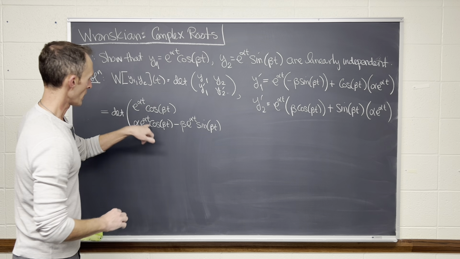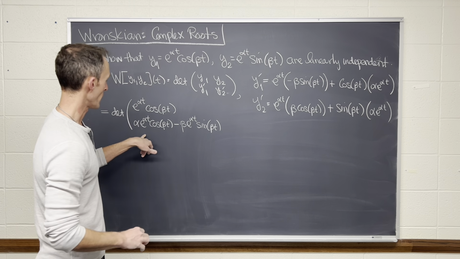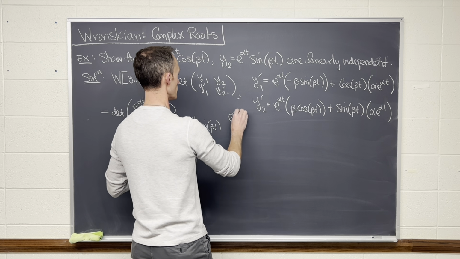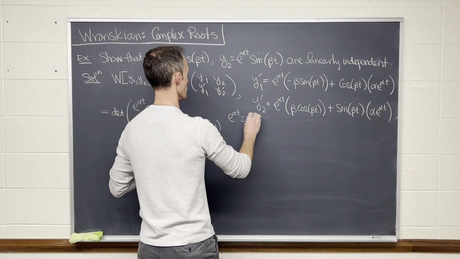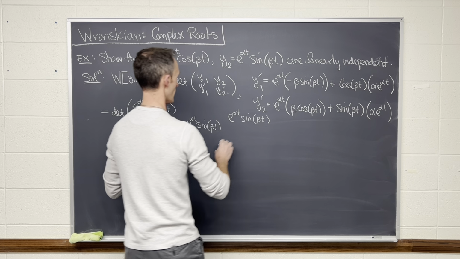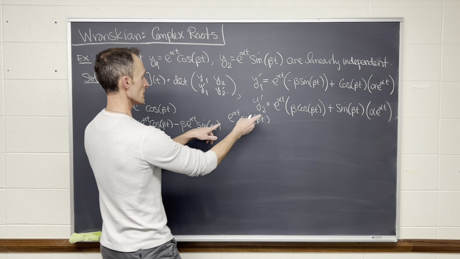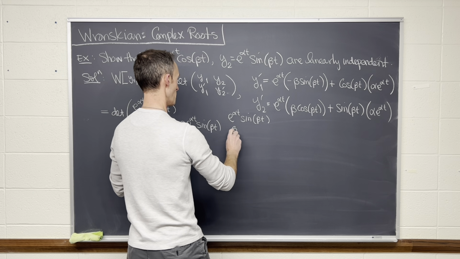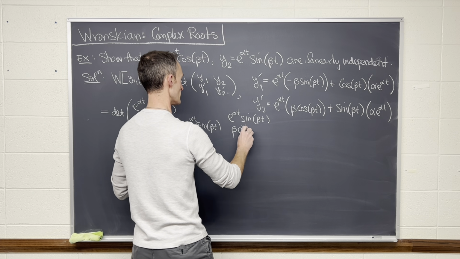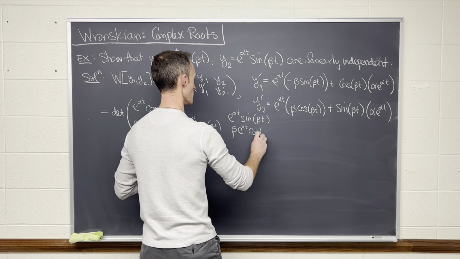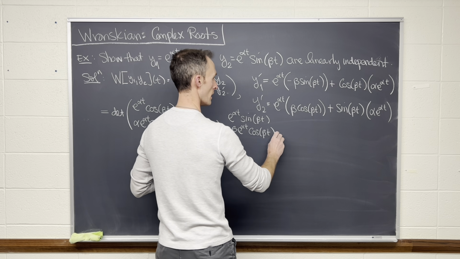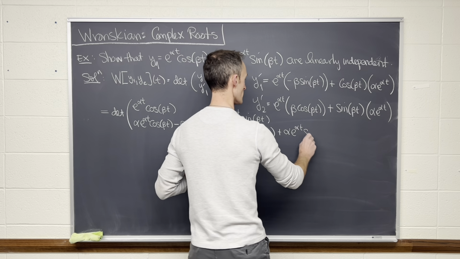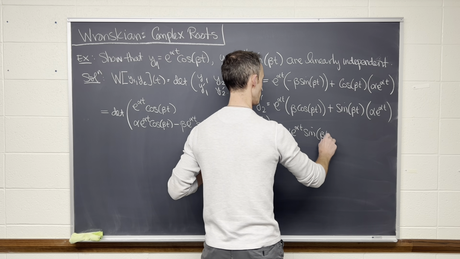So that's y1 and y1 prime. Now y2 is e to the alpha t sine of beta t, and y2 prime is given by this thing. Let's write this as beta e to the alpha t cosine of beta t plus alpha e to the alpha t sine of beta t.